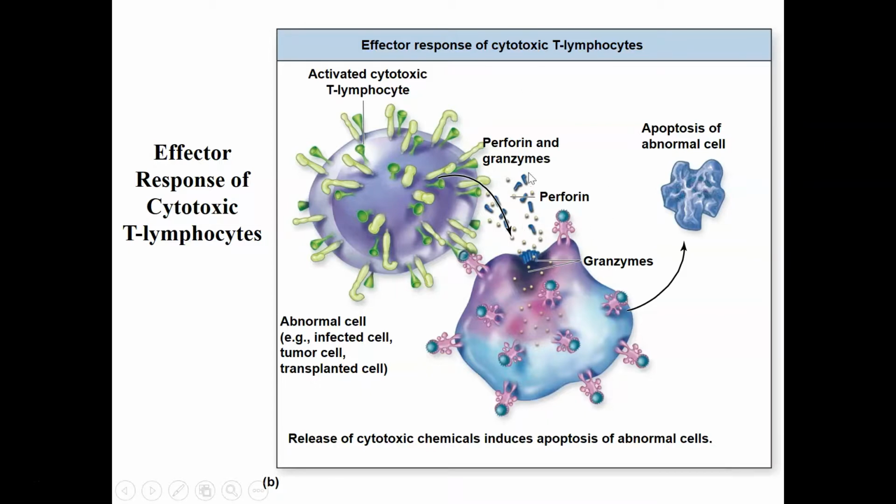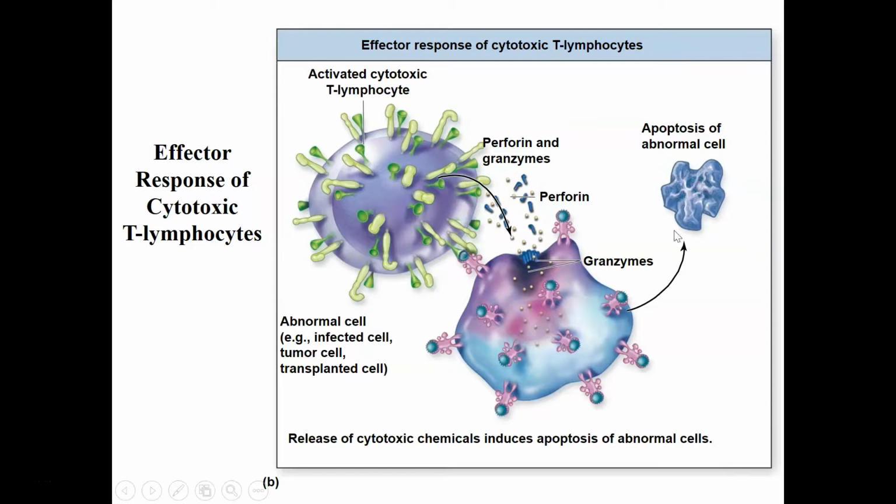Notice that this is the same mechanism by which natural killer cells kill their target cells, using perforins and granzymes. Natural killer cells are not specific, though.